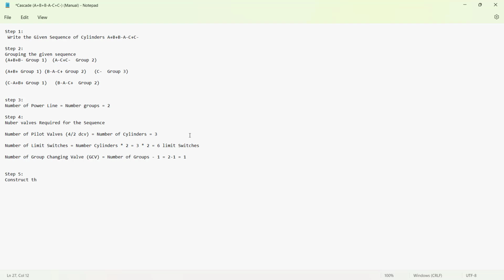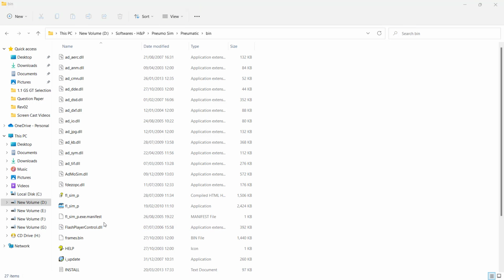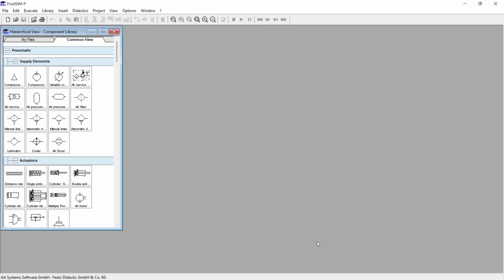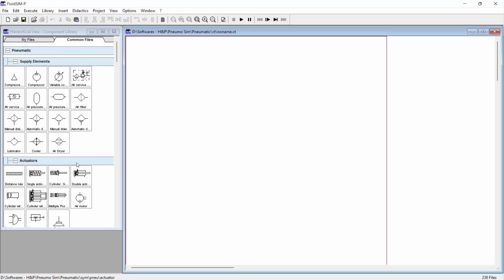Construct the circuit for the given sequence. I am going to do the simulation with FluidSIM Pneumatics. You can also practice with FluidSIM Hydraulics. Just open a new file and fill it up with the requirements.